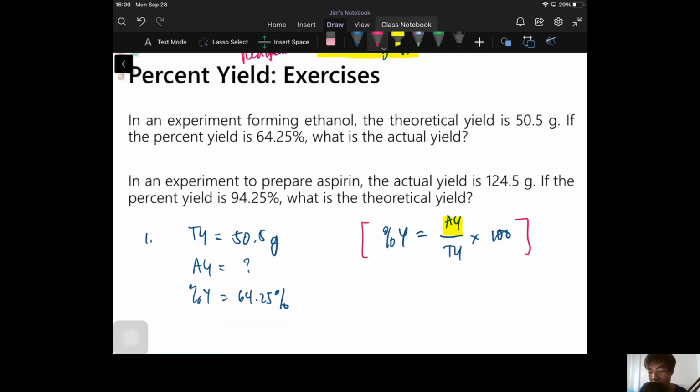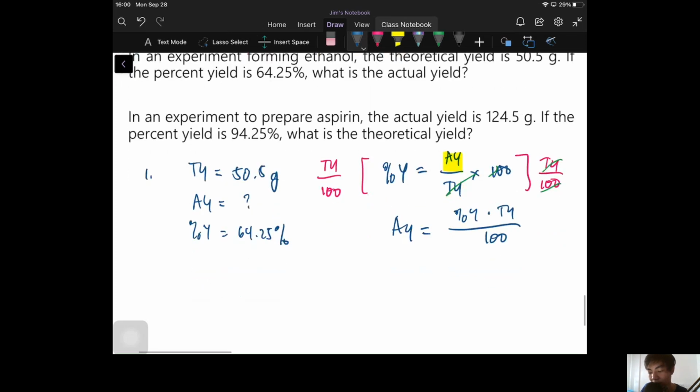Cancel the TY and the 100. So that's percent yield times TY over 100.